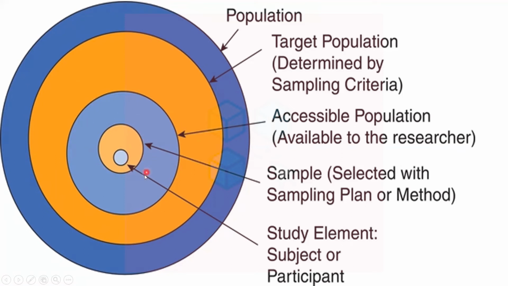The sampling frame is all the colleges which are available for sampling. Some colleges are not in working condition, so working colleges are in the sampling frame. And from the working intermediate colleges, we are taking the sample, and this sample is here, and a single college is the participant or subject of the study.